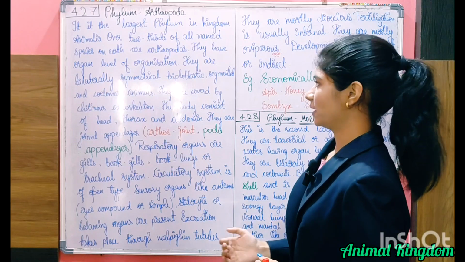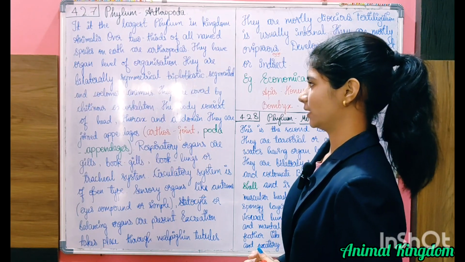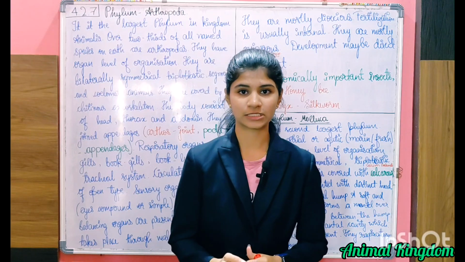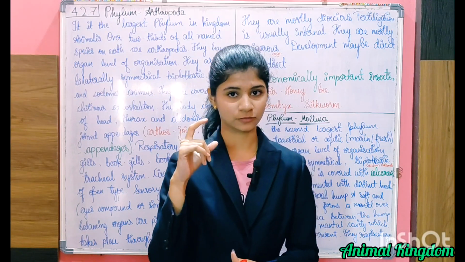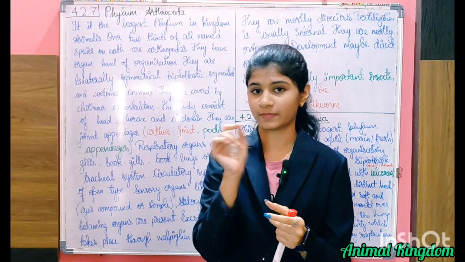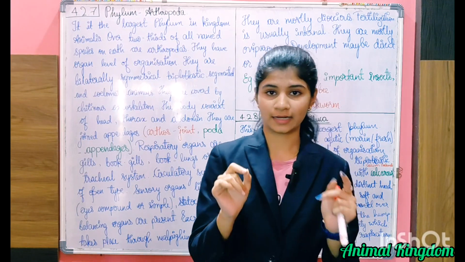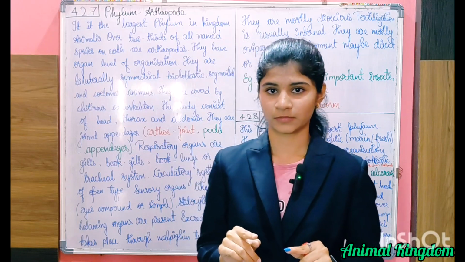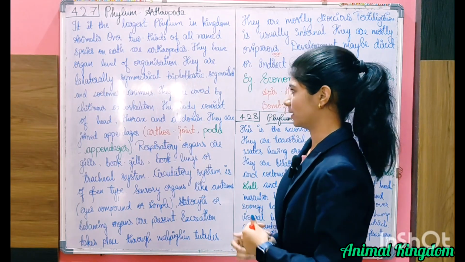Now they're triploblastic, segmented and coelomate animals. If you take the butterfly, it has segments over it, and the wings, the feathers which are there, are jointed. So it is segmented and triploblastic.